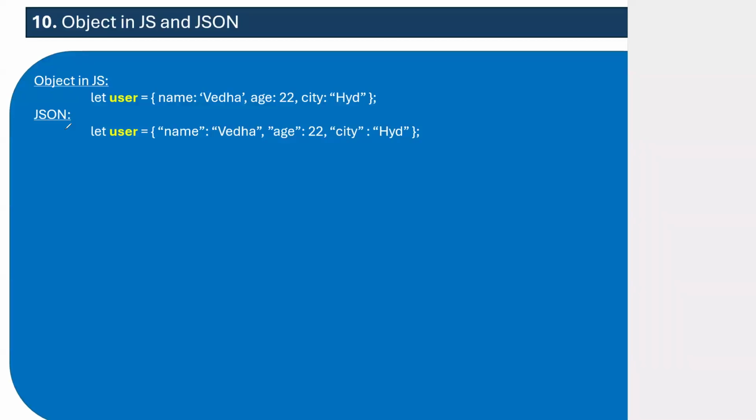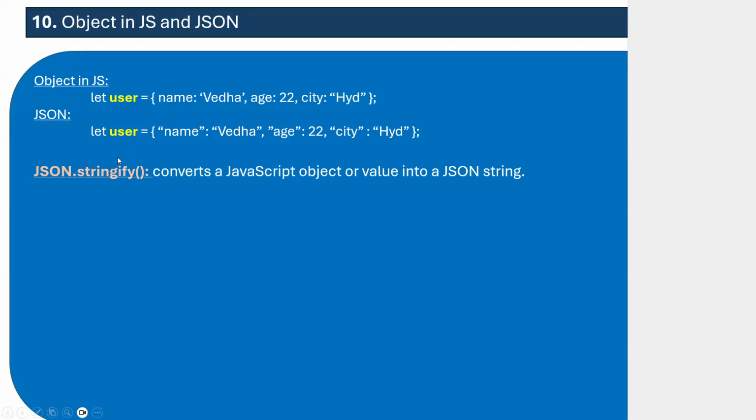There are two functions. The first function name is stringify. What stringify does is convert your JavaScript object into JSON. See the example. Let obj be a plain JavaScript object, with keys and values.